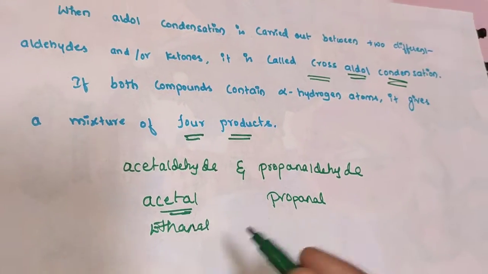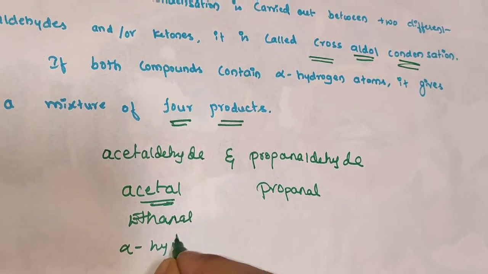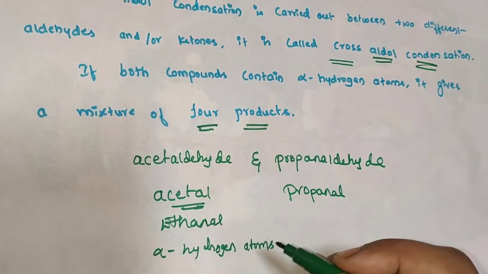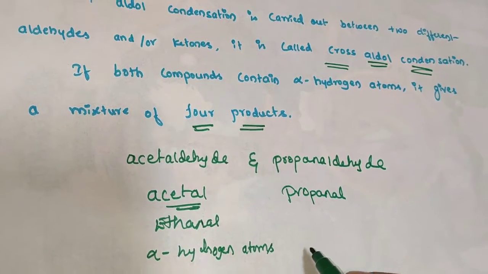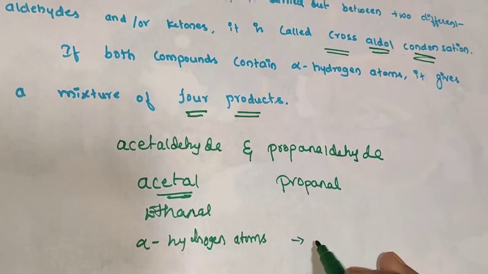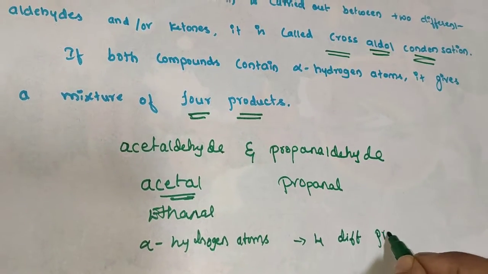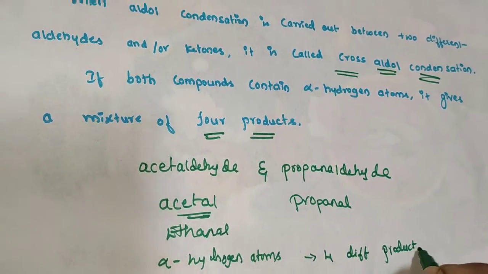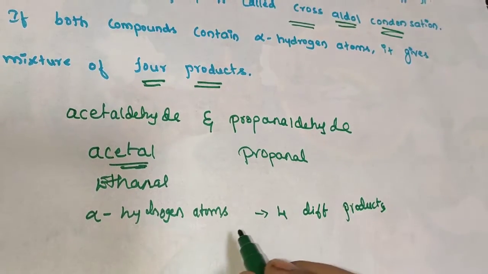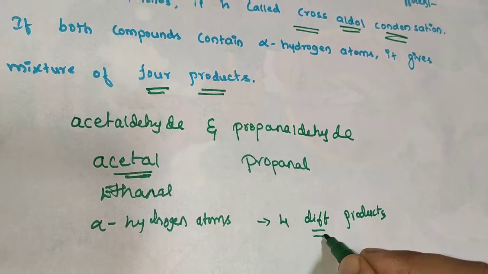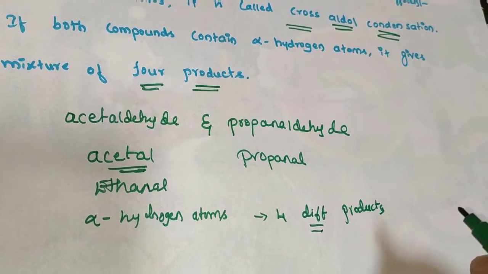This indicates there is a possibility of formation of four different types of products. How is the formation of four different types of products possible?